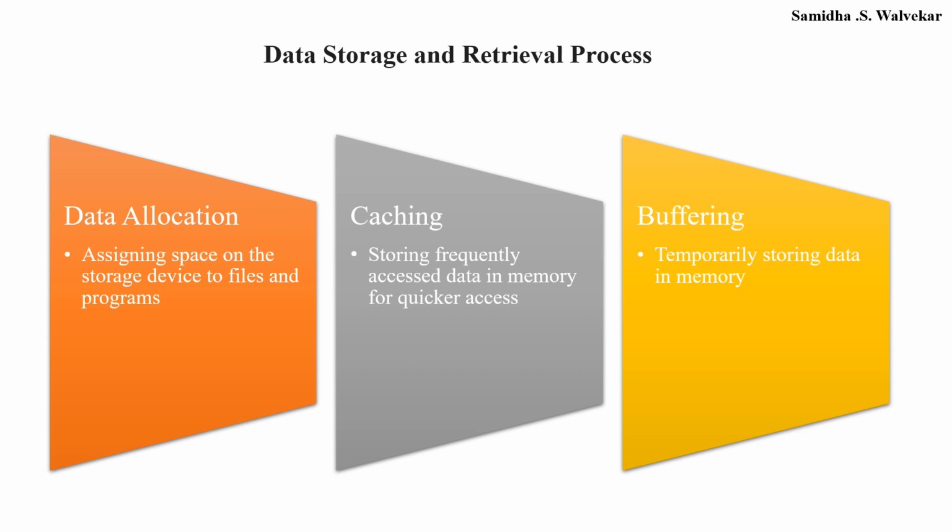Data allocation means assigning the storage space for the files and data on the storage devices. Operating system manages how and where the data is stored. Caching. Caching means storing the data which is accessed regularly in the memory for quick access. Buffering. Buffer means a temporary storage area in the memory where temporary data is stored.